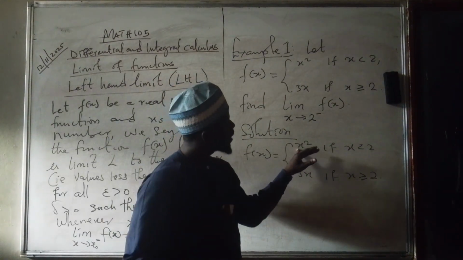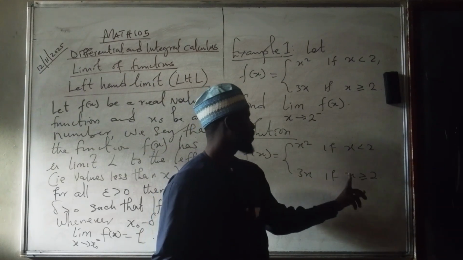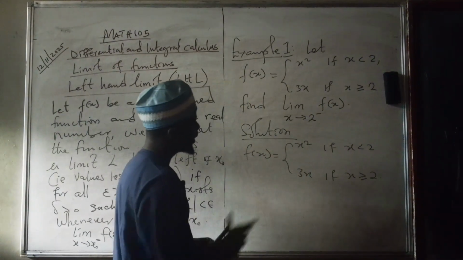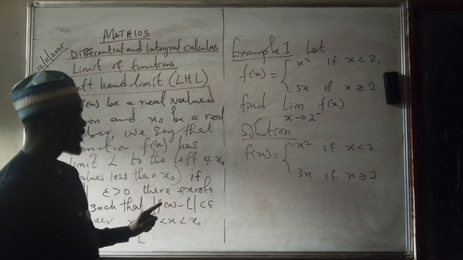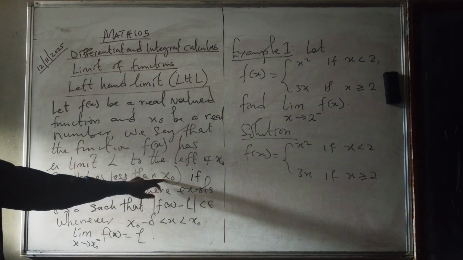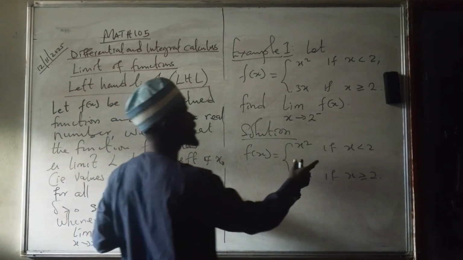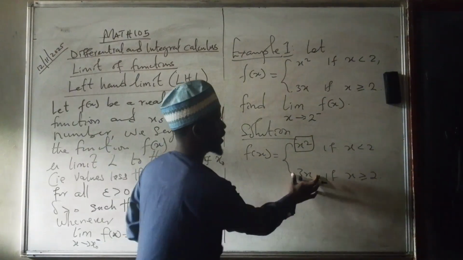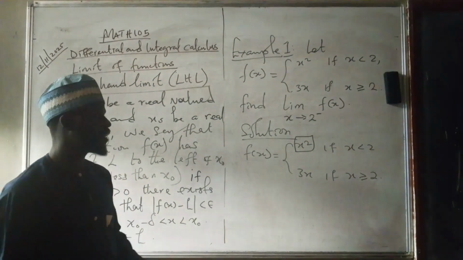Meaning, the left-hand limit is considering values less than x naught, and our x naught here is 2. So any value less than 2, this is where we are concentrating. Not here, because these ones are greater than 2, and we are considering values less than 2.